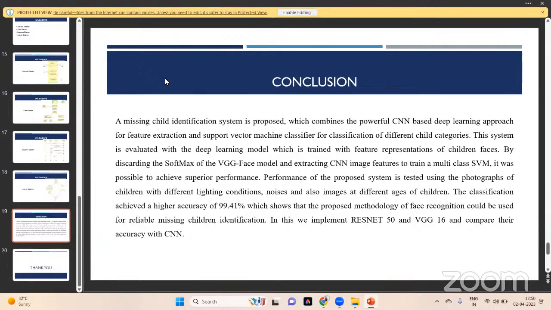Yes, sir. So you are saying that we will compare with the database. Yes, sir. Where did you get that database? I mean, from where are you gathering the database? The database was gathered from missing child cases at the police station, police cases and all.